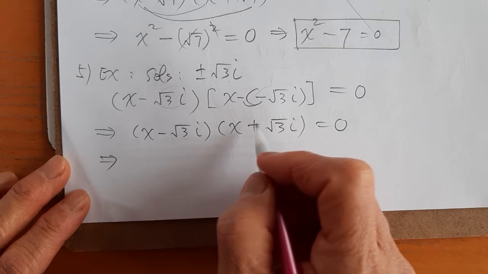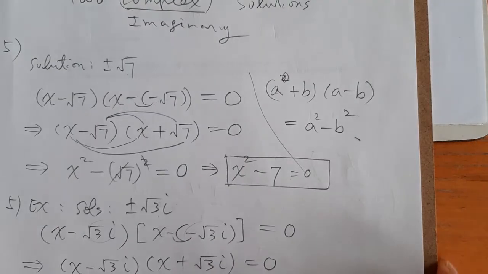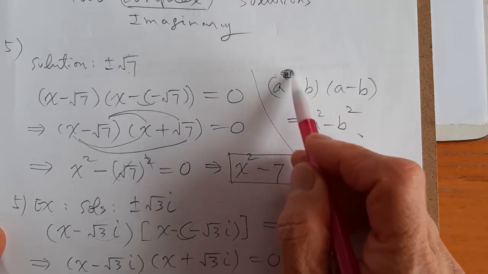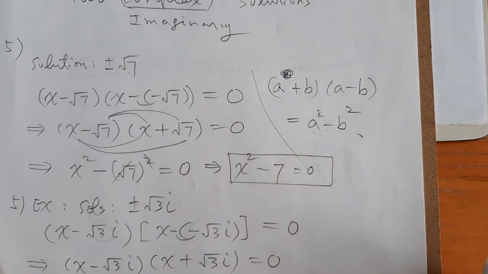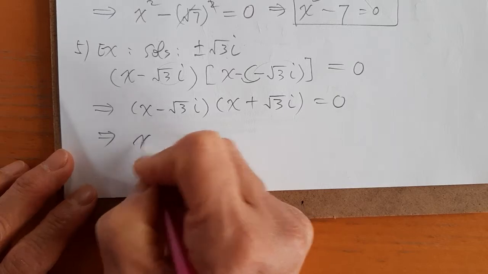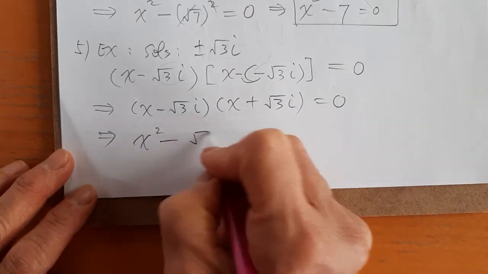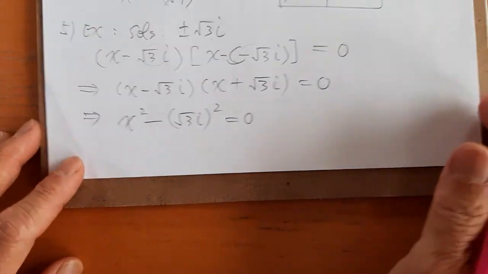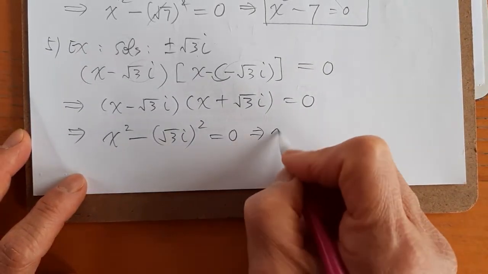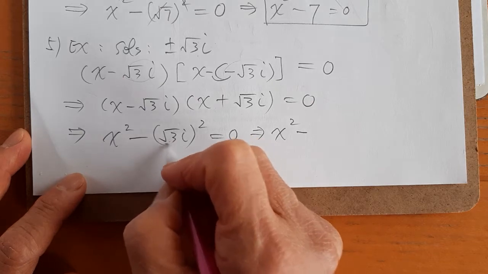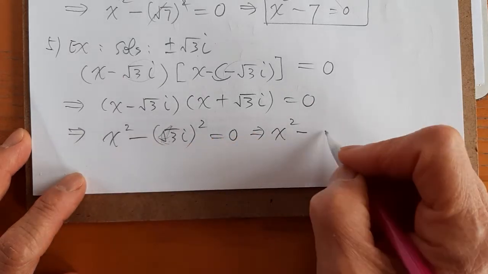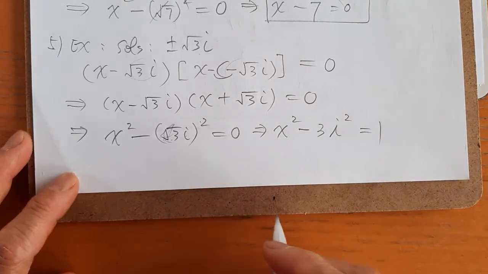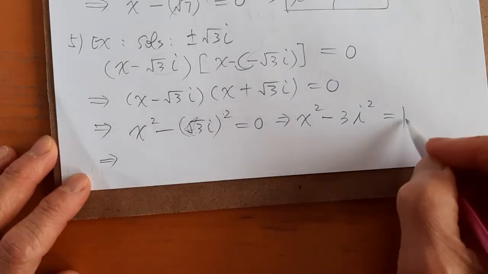Then you can use FOIL, or you can use the formula (a plus b) times (a minus b) equals a squared minus b squared. So first term squared, x squared, minus second term, the square root of 3i squared, equals 0. Now we square it, so we get x squared minus square root of 3 squared, which is 3, times i squared, equals 0.